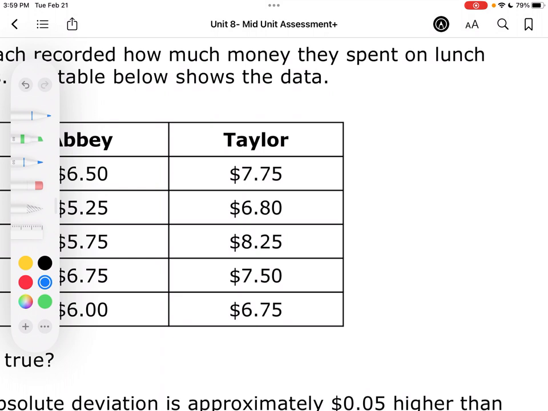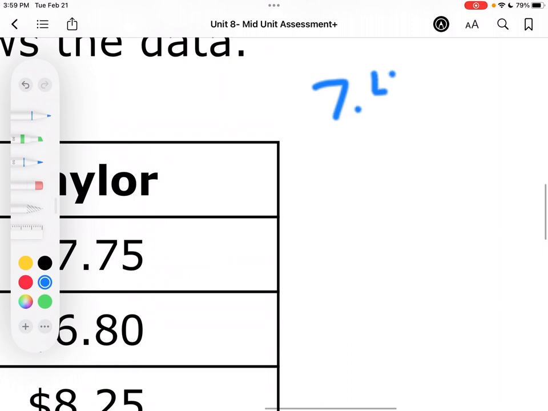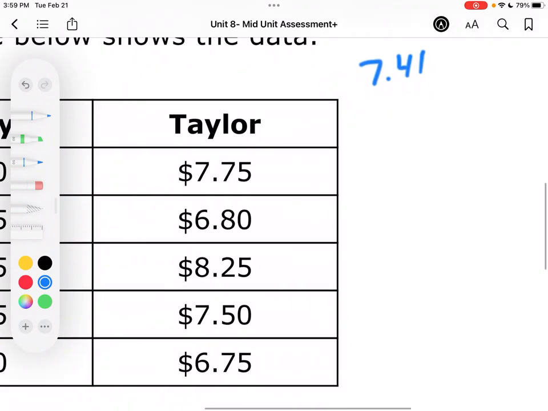I got 3705, so I'm going to add them again. Yep, and I'm going to divide them by 5, and I get $7.41. So now I'm going to subtract them all. And remember, it's always positive.